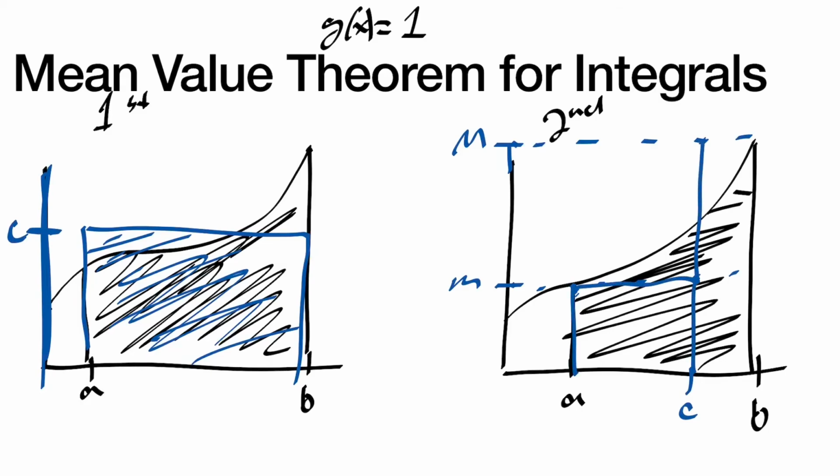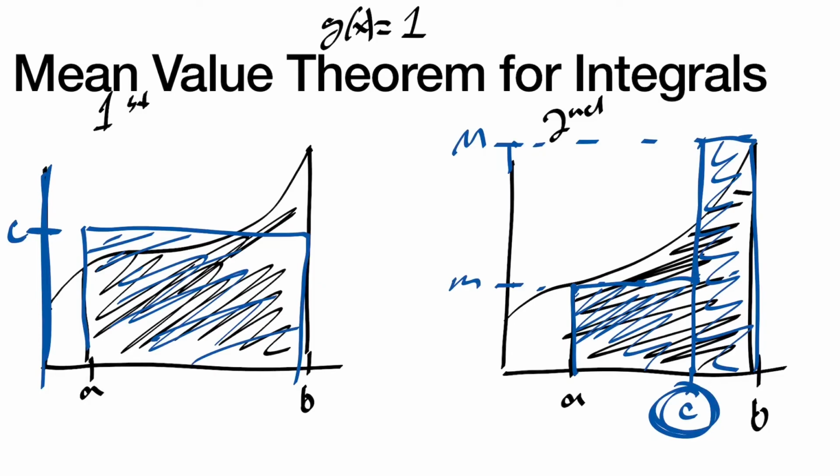So I'm going to divide it somewhere in the middle. Somewhere like right here will be our c. And then what I'll do is I'll draw that rectangle, and then I'll draw another rectangle. So the c tells me where to divide our two rectangles so that the two sides add together to equal the entire amount. So in the first one, our c is telling us how high we want it to be in terms of the y-axis. Here, our c is telling us how far to the left and right we want to go to give us that value right there that splits our area up into two rectangles. That's the same as the original area.